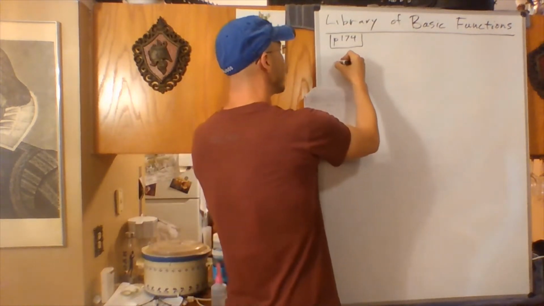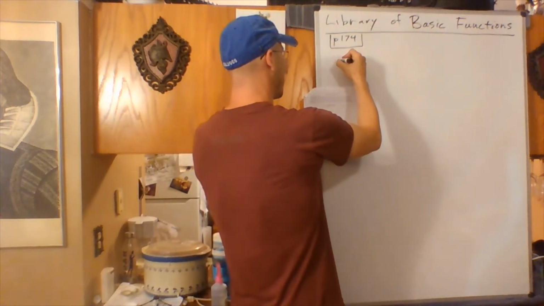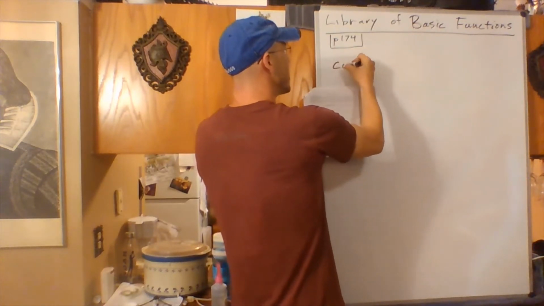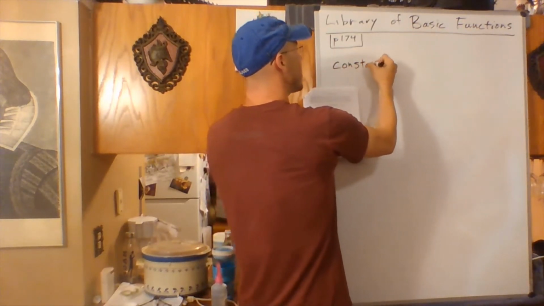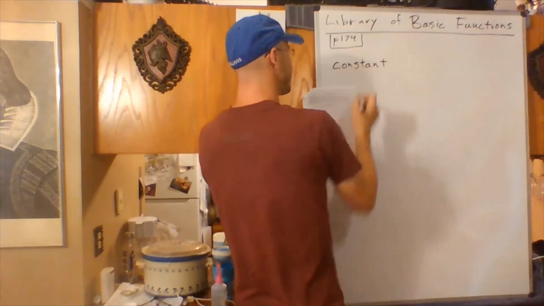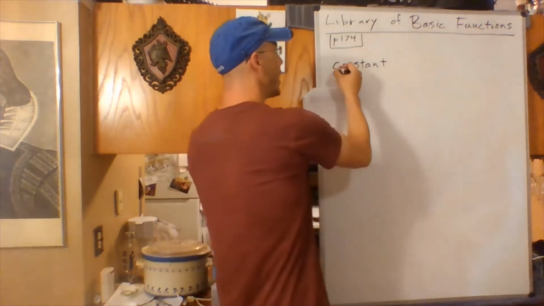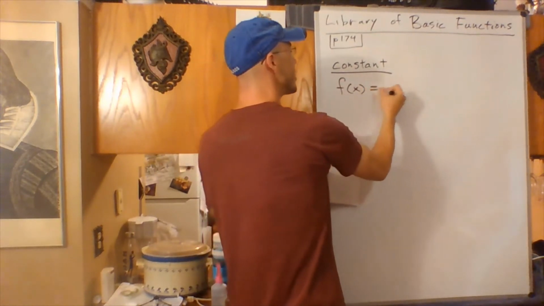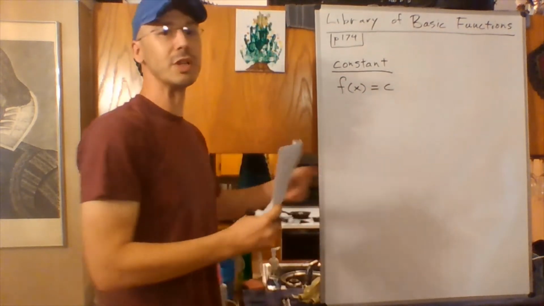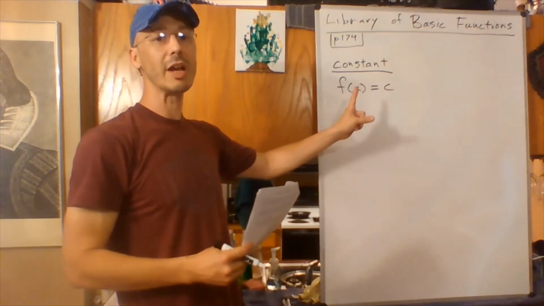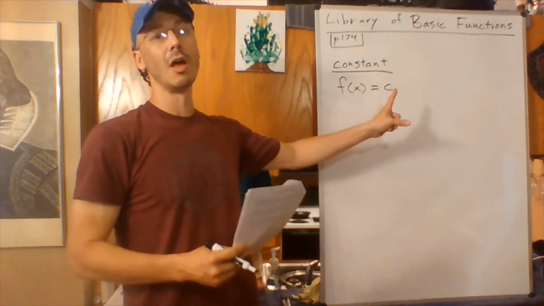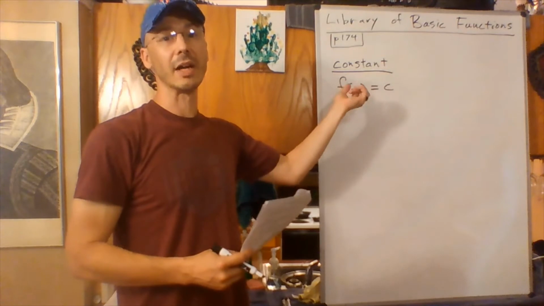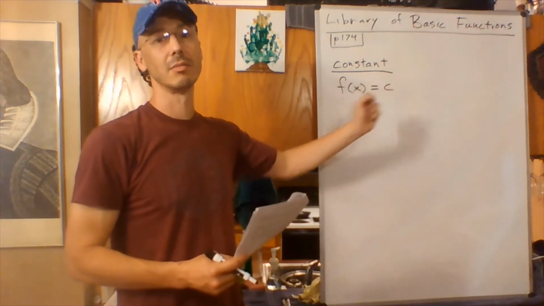First, the simplest function is called the constant function. And a constant function has a formula, f of x equals c for some real number c. So no matter what x is, the value of f of x is c.